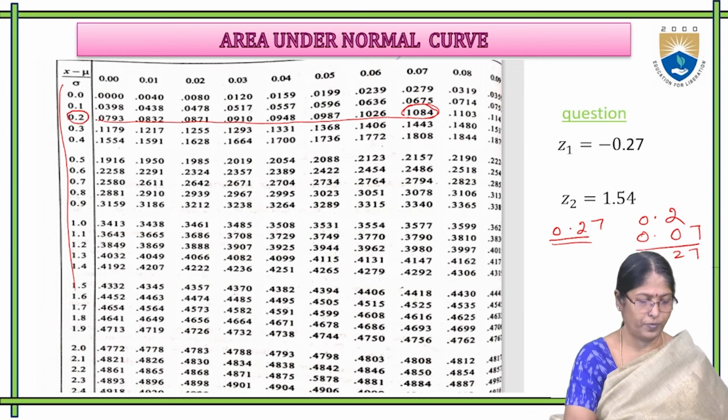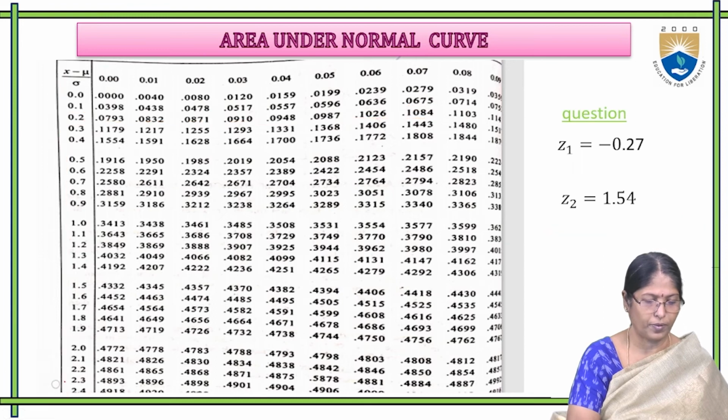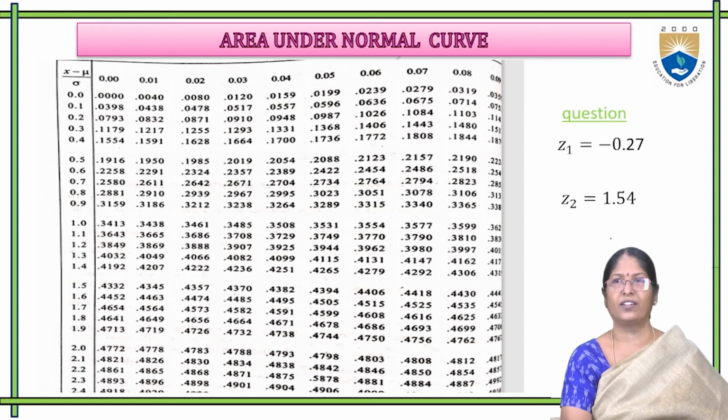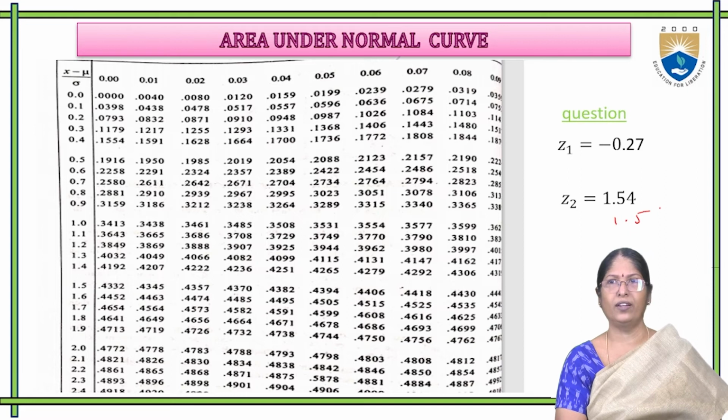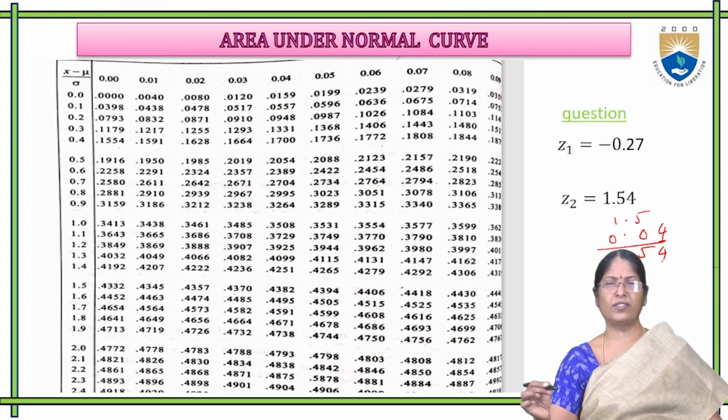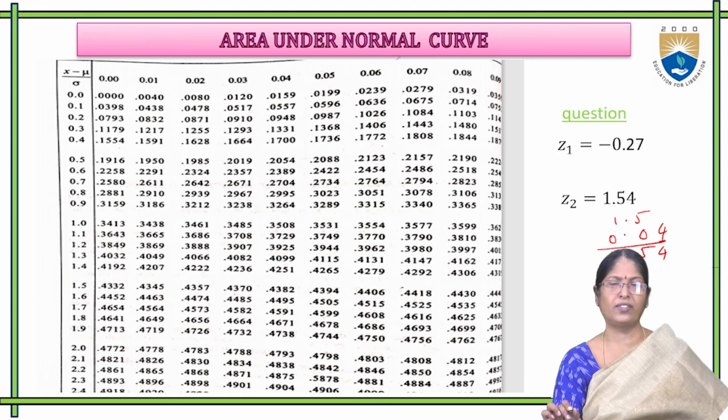1.54. So we needed 1.54. So 1.5 is there. I want 1.54, so 0.04. So 1.54. It's very simple, without missing any steps, each and every line we are discussing in this video lecture.